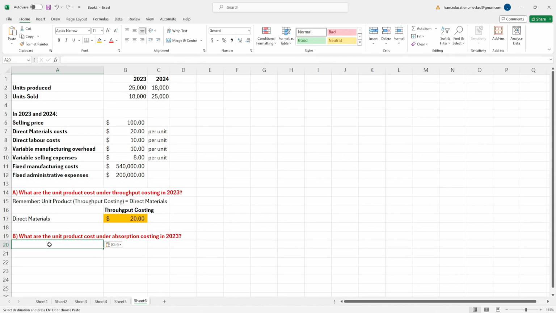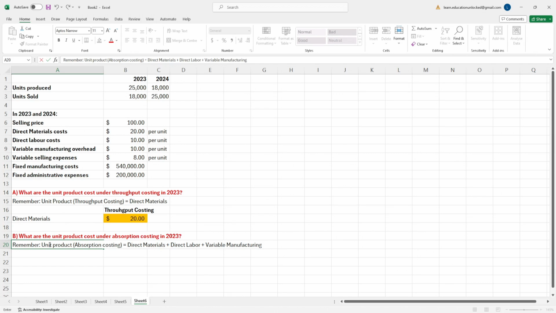So B, what are the unit product costs under absorption costing? Let's remember the unit product cost for absorption costing. Absorption costing is equal to direct materials, direct labor, variable manufacturing overhead, and then fixed manufacturing overhead.